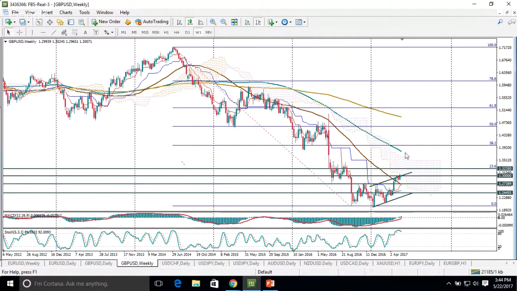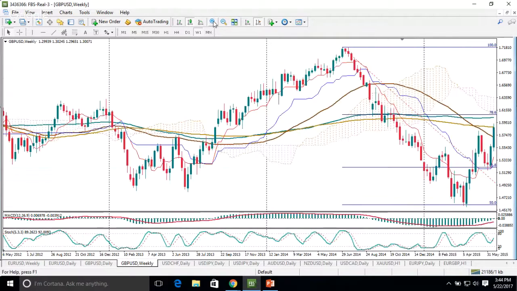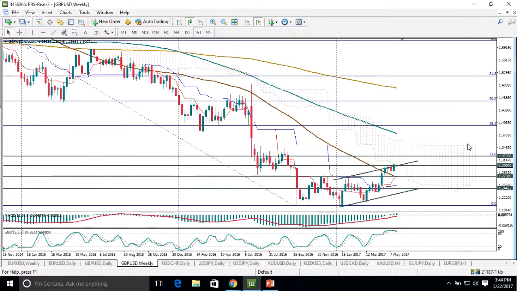So this would be the initial bullish target here. On the downside, on the weekly chart, we find a really strong support located at 1.2740. Here we have the 50-week moving average, and here also lies the area of previous highs and lows of this currency pair.